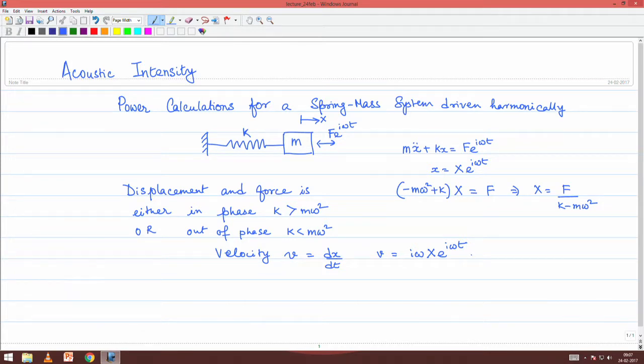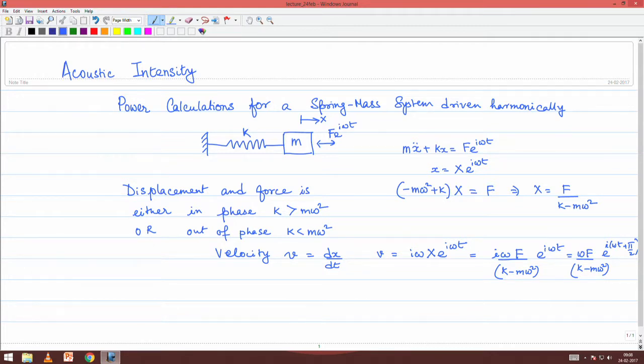So, if we make this substitution for capital X, we get I omega F divided by k minus m omega square, e to the power I omega t. And now, I may group this I together as a phase factor, that gives me omega F divided by k minus m omega square, once again e to the power I omega t plus pi by 2. That is the factor within the argument of the exponential sign.